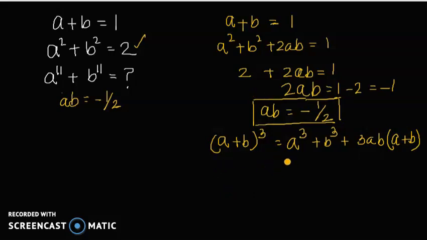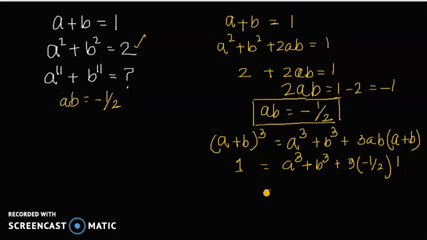Now a plus b, as you know, is 1, so you can write in the left hand side 1 cube, which is equal to 1, and a cube plus b cube we have to find out, so I leave it as it is. But we already know 3 times ab is negative half and a plus b is 1.